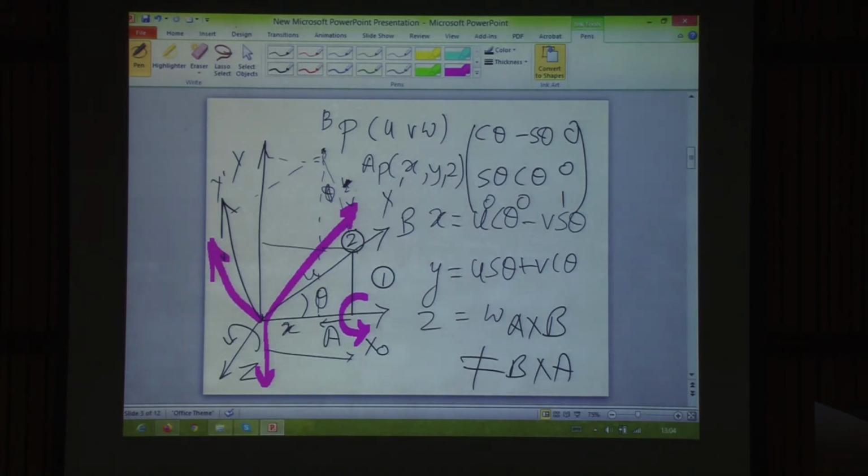So the order is reversed. Does this convince you that the order reverses, right? Why? Because it has gone first from here to here, then it has gone from there to there. So to bring it back, I will bring it back from here to here, then I will bring it back from there to there.